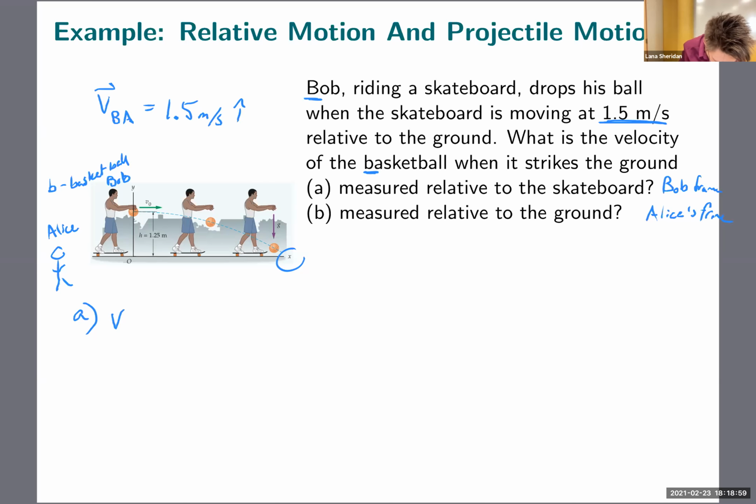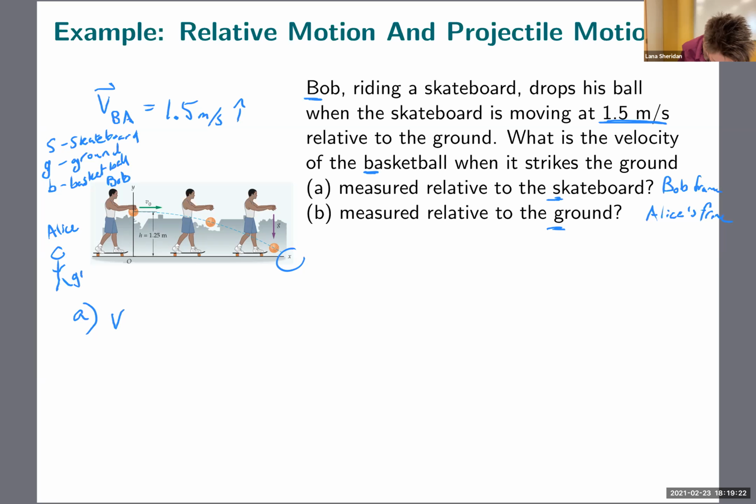I'll match my notation. We're going to have S for skateboard and G for ground instead of Alice and Bob. So Alice is standing on the ground.